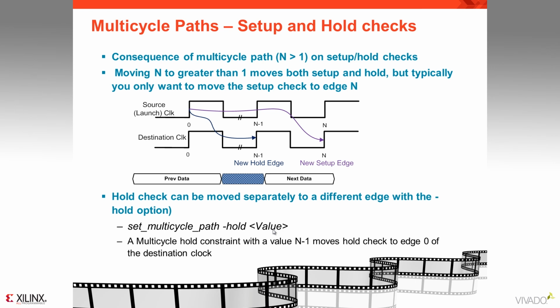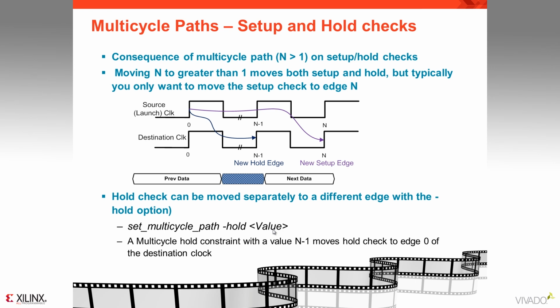In order to do this, you need to specify both the setup and hold multi-cycle path constraints. For the setup, specify the startup edge at n. In order to move the hold check back to edge 0 of the destination clock, you have to apply a multi-cycle path hold constraint with the value of n-1. Now the hold check is at rising edge 0 of the destination clock.